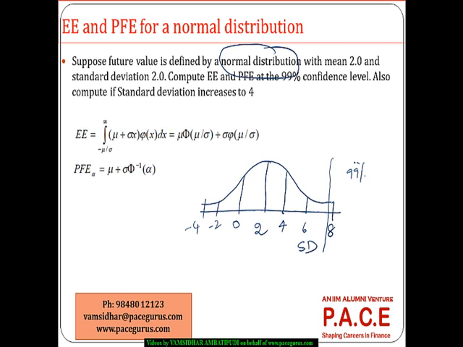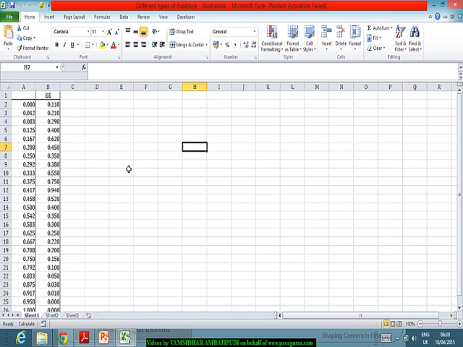There are some formulas that are directly available for us: mean plus standard deviation times the inverse of the cumulative standard normal distribution associated with the confidence level. So for a 99% confidence level, let's try to take these things. That's what will give us a better understanding.